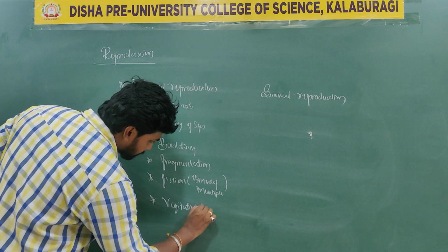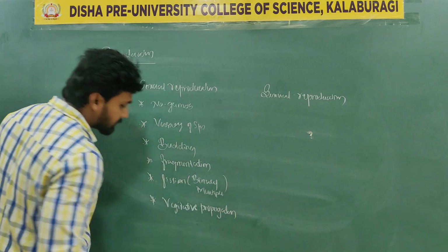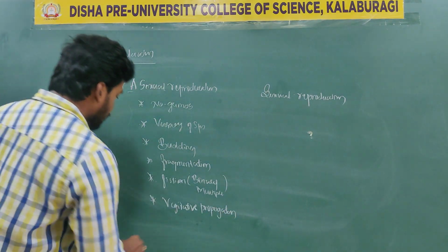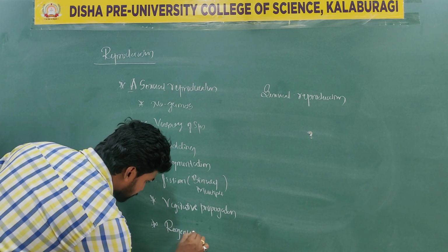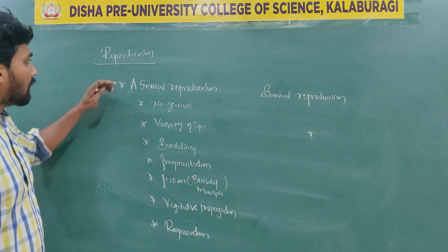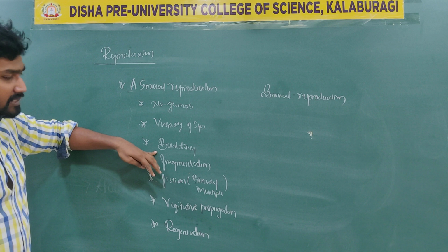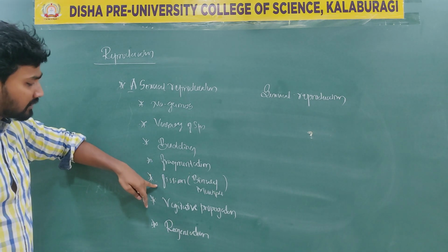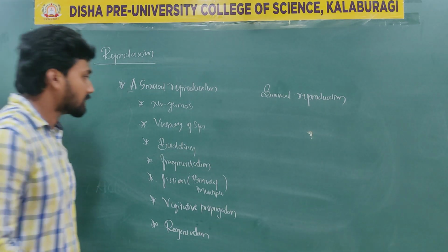Vegetative propagation. Regeneration. So on that basis we are categorizing as budding, fragmentation, fission, vegetative propagation, and regeneration.